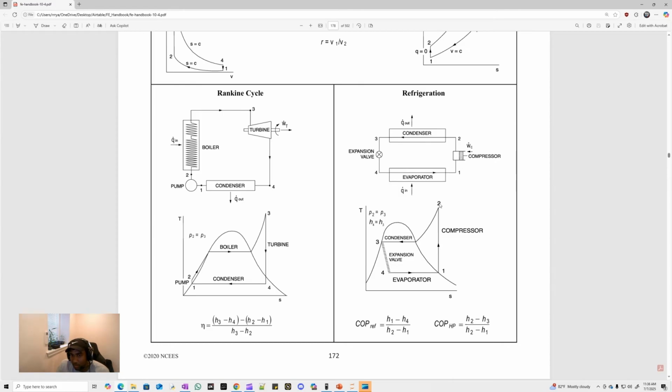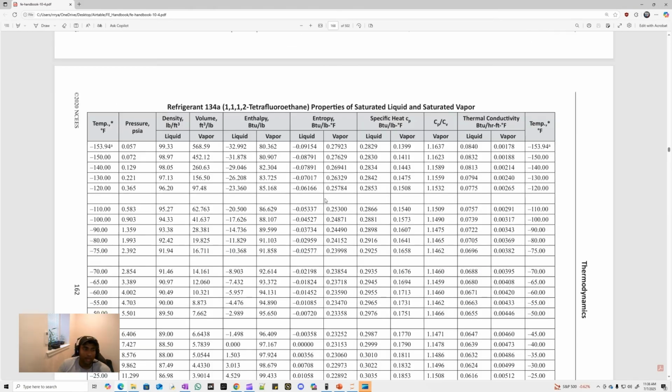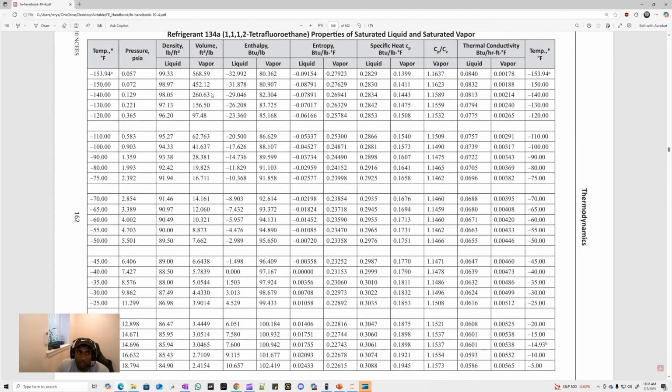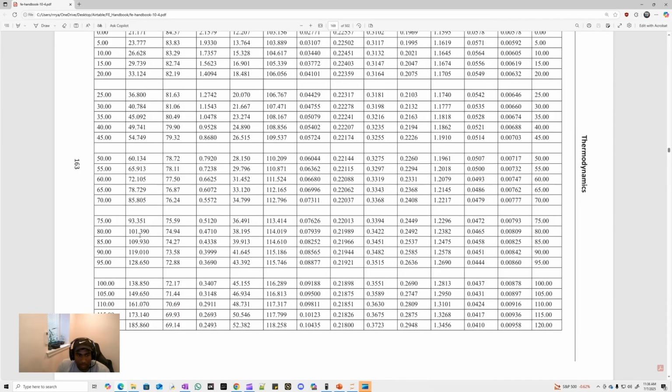You can see that term right there is the difference between H2 and H1, right? Okay, so let's go ahead and head into the R134A tables. Okay, so we have R134A tables, saturated liquid and saturated vapor, and we understand that the pressure that we're given is 101.53 psia.